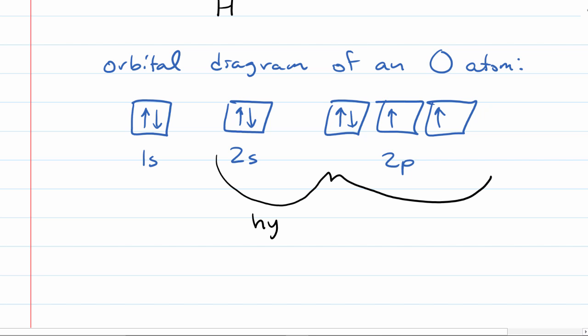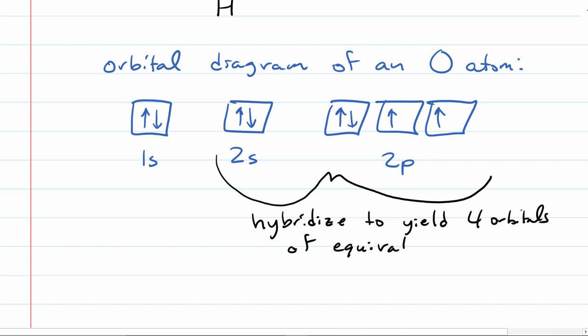And now you can start writing if you want to write. We would say that these orbitals now are going to hybridize to yield 4 orbitals of equivalent energy.